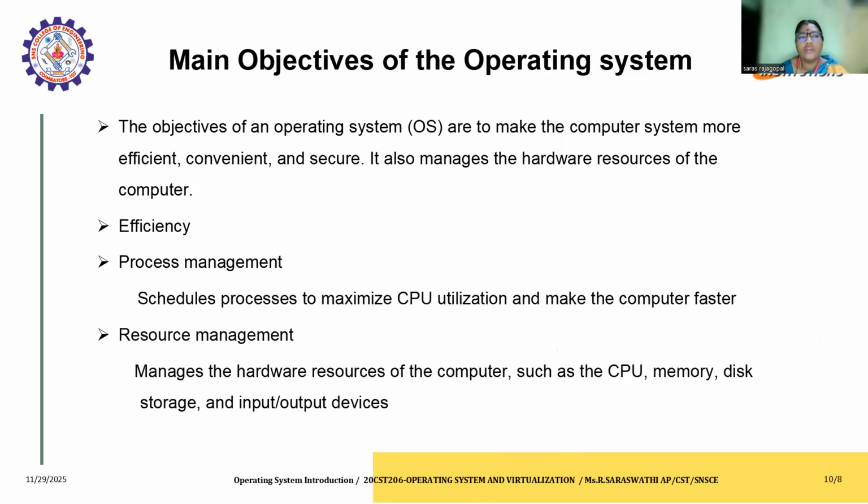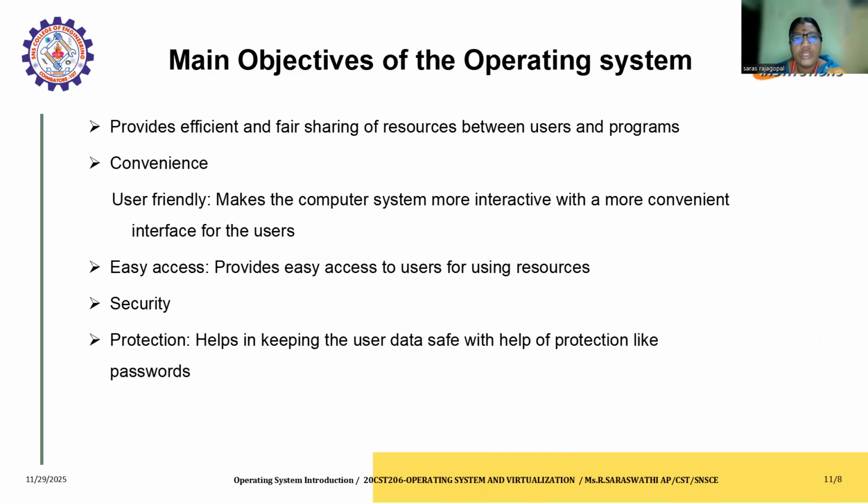Main objectives of an OS. The OS makes the computer system more efficient, convenient, and secure. It also manages the hardware resources of the computer. Process management, resource management, device management, file management, and memory management are the functions of an operating system. It provides efficient sharing of resources between users and programs.